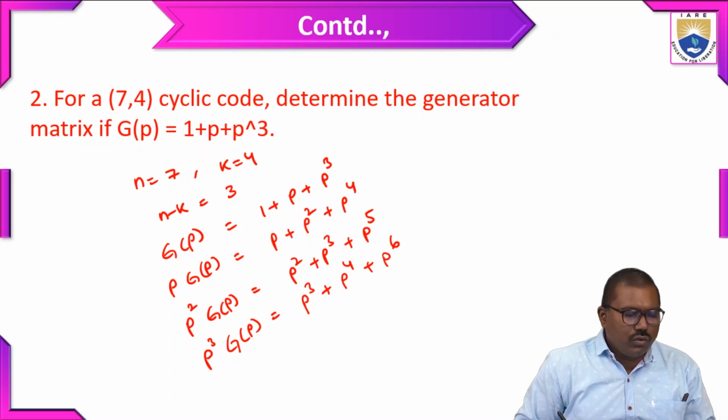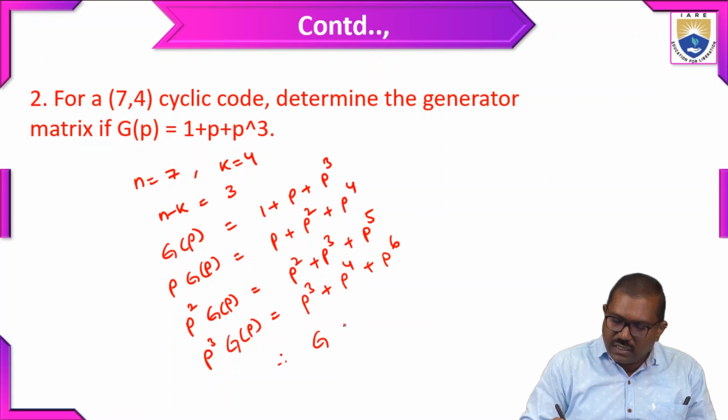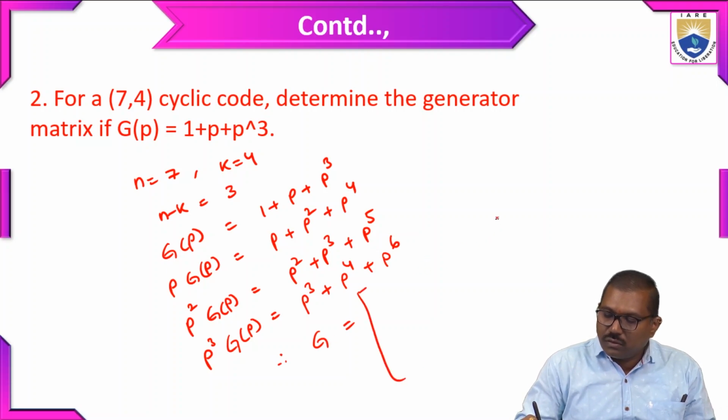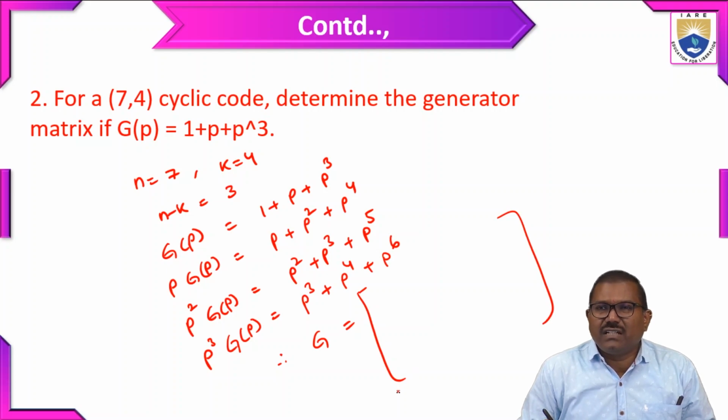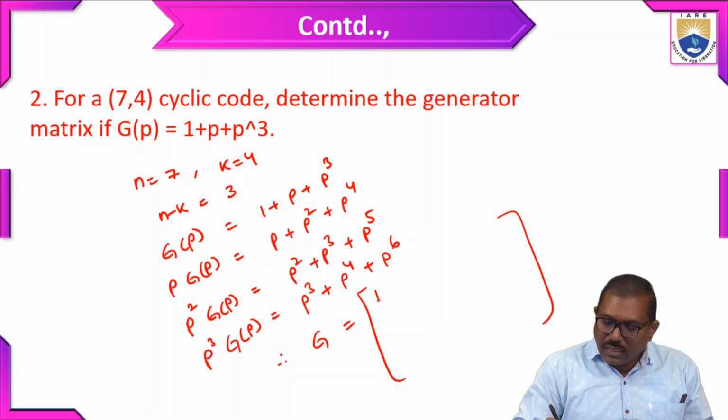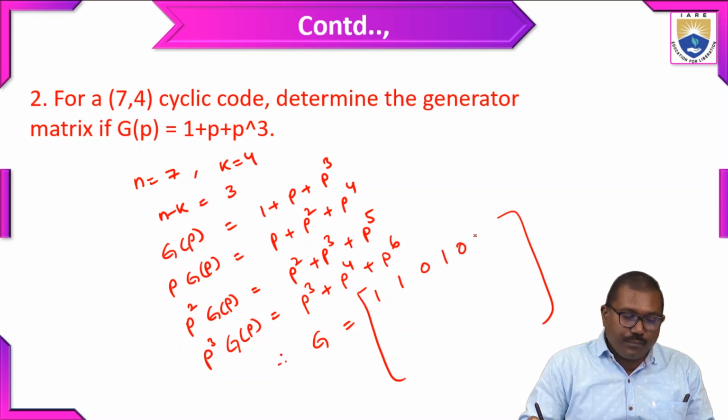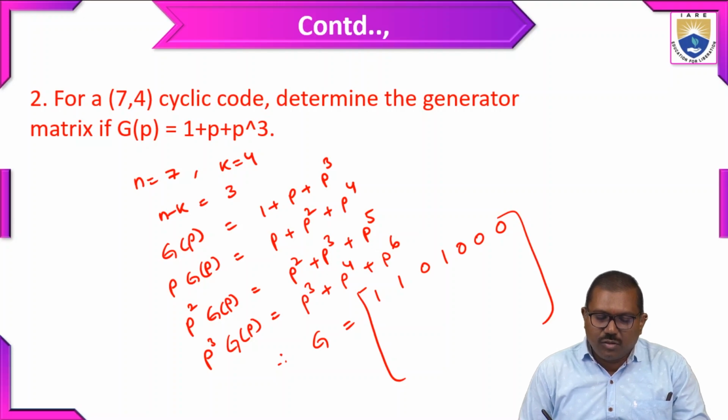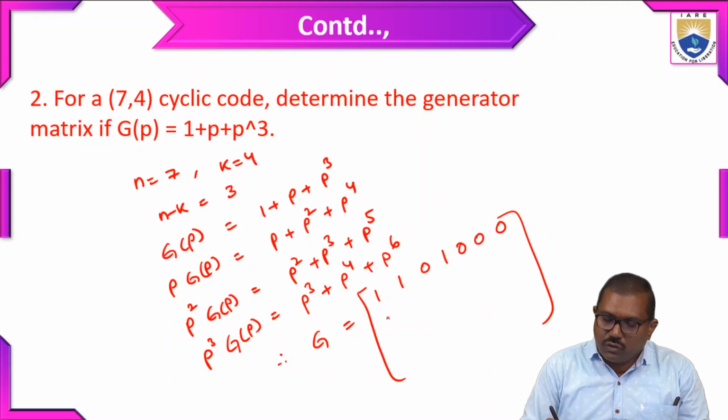Okay, so now my G is equal to, this is my G. What is G? Generator matrix. So 1, P is there, P square term missing, P cube is there, P4 no, P5 no, P6 no. Next, the P G of P term: 1 is missing, P is there, P square is there, P cube is missing, P4 is there, P5 missing, P6 missing.